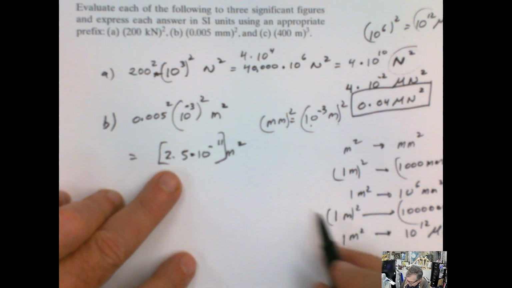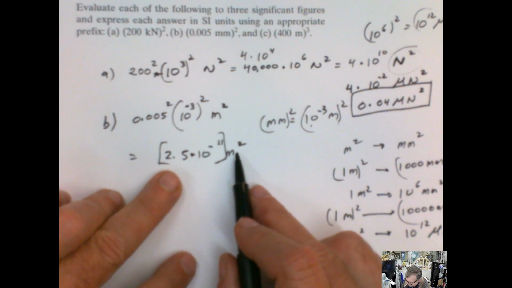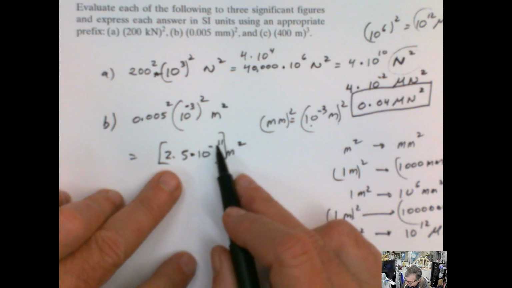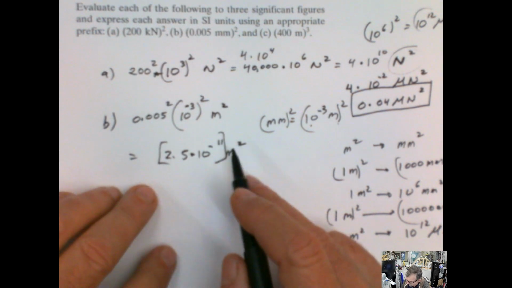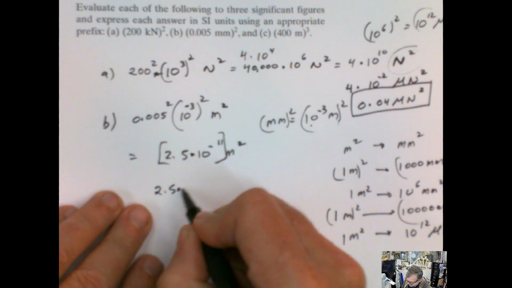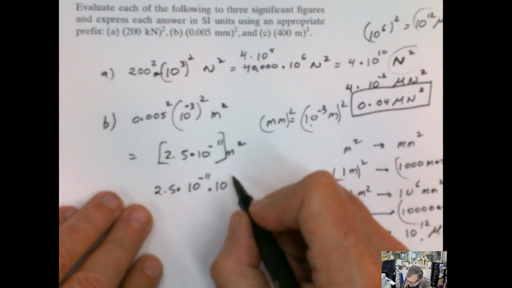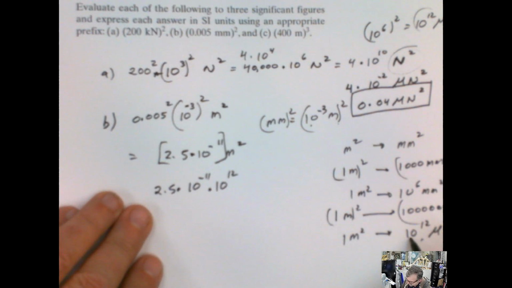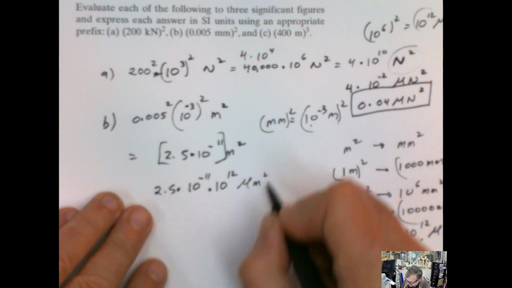Now, once you have these, you can do the conversion here. If I put 6 here, it's still going to be a small number. Now, if I put 12, then I have 2.5 times 10 to the negative 11 times 10 to the 12 micrometer squared.